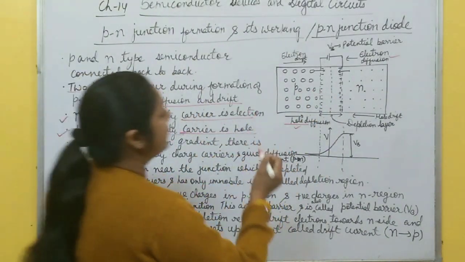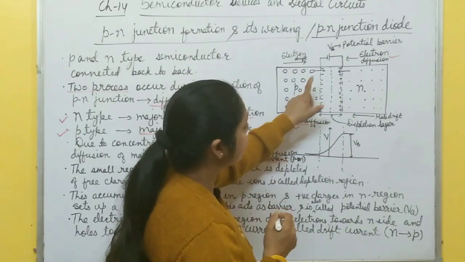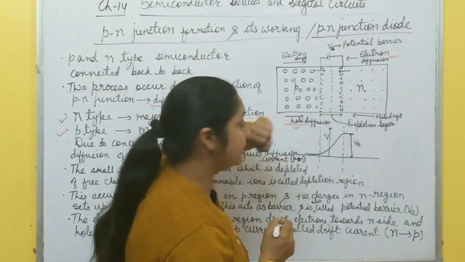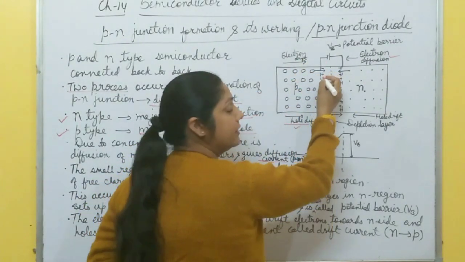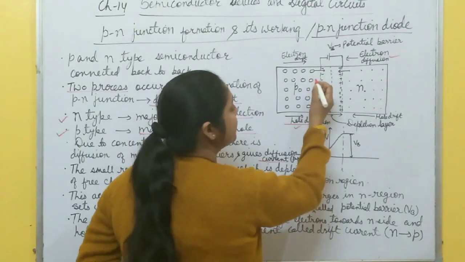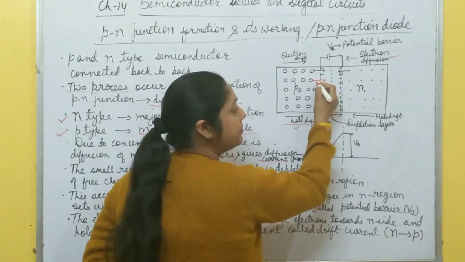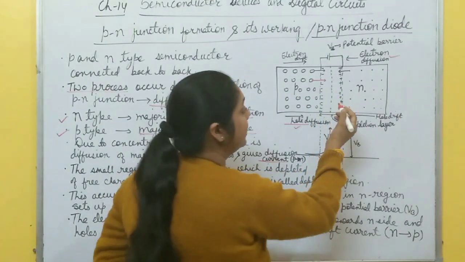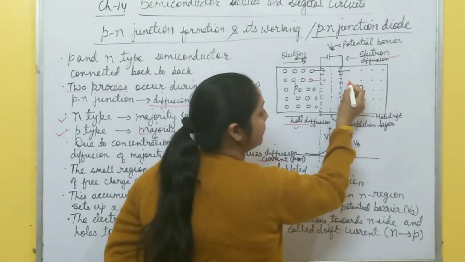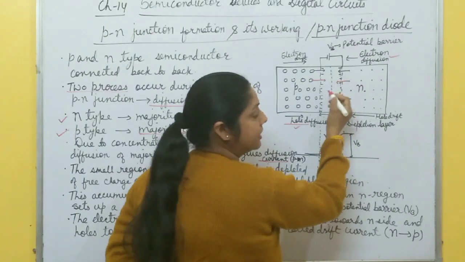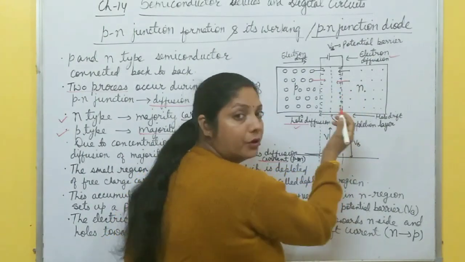So what happens when these majority carriers start moving towards the junction? They leave behind immobile charge carriers. Suppose one hole moves from this side to near the junction, it leaves behind what? Negative charge. If an electron moves from the n side towards the junction, it leaves behind what? Positive charge.